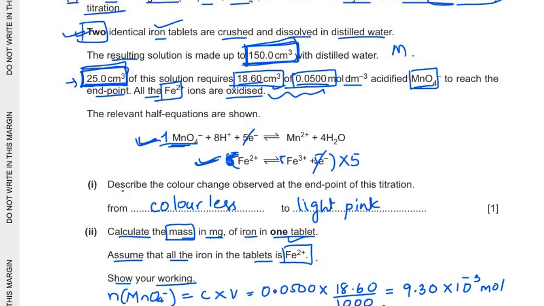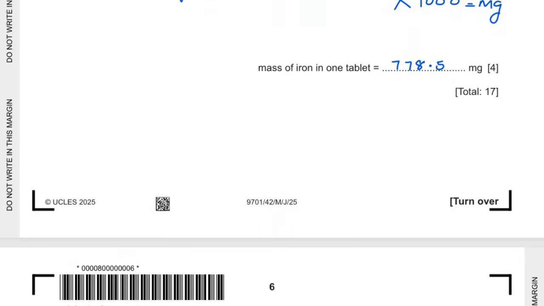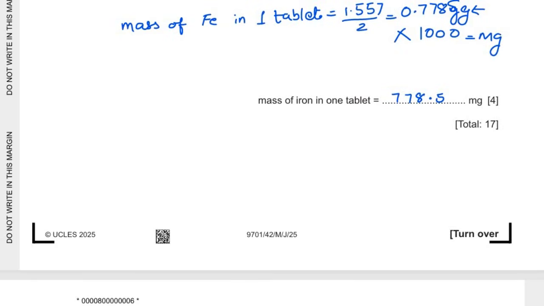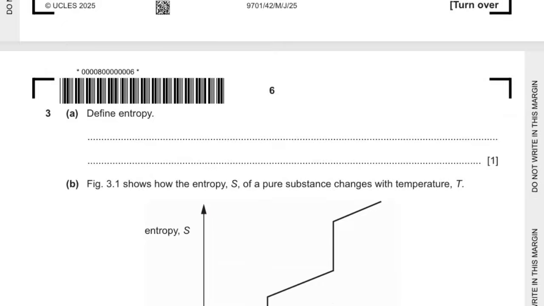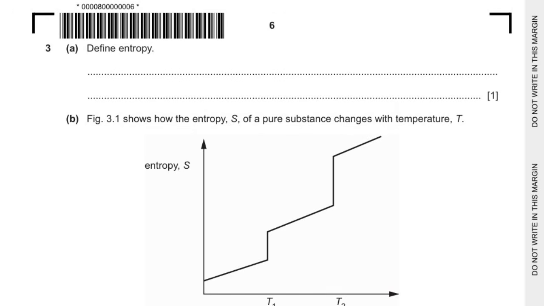Now that was the mass of 2 tablets given in the solution. So we found the mass of 1 tablet by dividing by 2 and then changing it to milligrams. So this is how we got the answer. I hope the whole process is very clear. The explanation is also very clear.